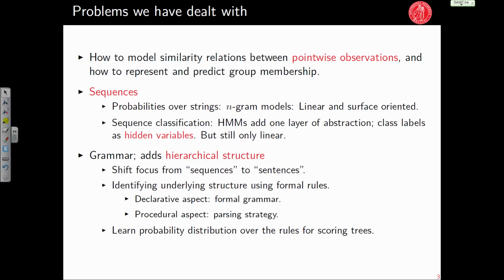And we looked at this problem from two points of view, the declarative and the procedural. The declarative was defining the production rules, the grammar rules that make up a language. The procedural is how to actually find this structure, a parsing strategy: how do you find this structure given an observation sequence and a grammar that was defined?